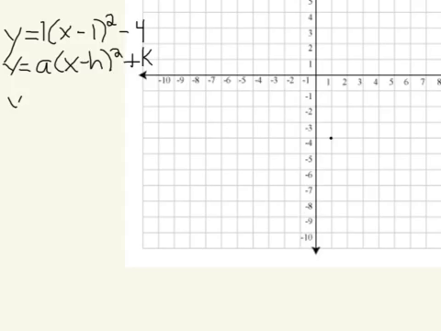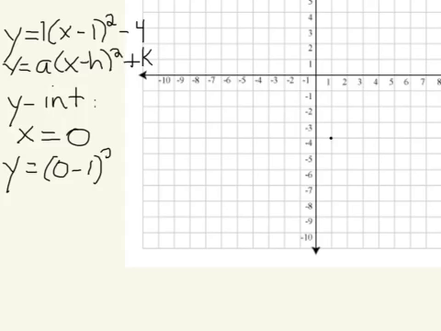So to find the y-intercept, I'm going to put in x equals 0 into the equation and see what you get. So we get y equals (0 minus 1) squared minus 4. And if you calculate that out, you get 1 minus 4, which is negative 3. So now we know that we can plot the y-intercept at negative 3 on the y-axis.